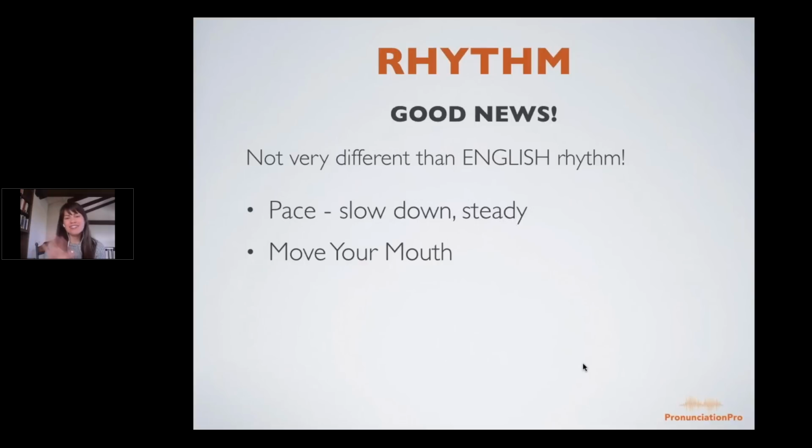They just kind of nicely flow together. In English, we do have to move our mouth more, and I find with my Spanish-speaking students that I'm typically asking them to move their mouth more, get more precision in their speech, so it doesn't sound a little bit more slurred together. Okay, so slow down, move your mouth.